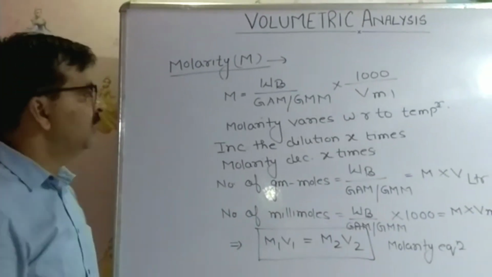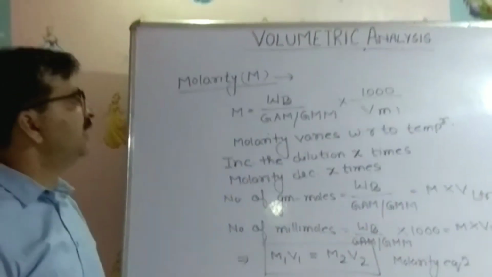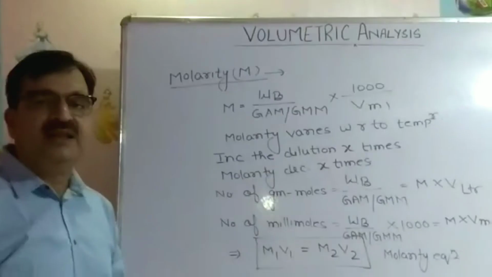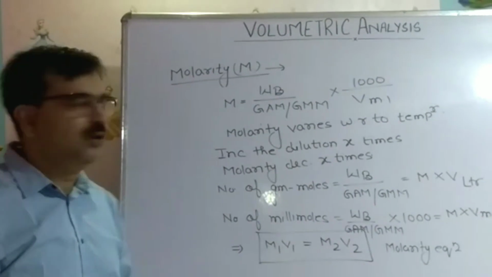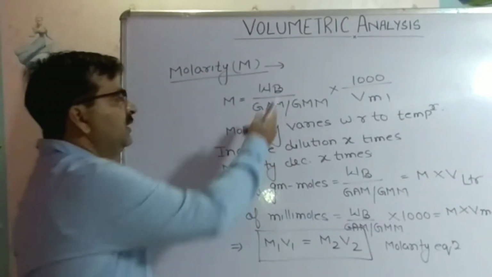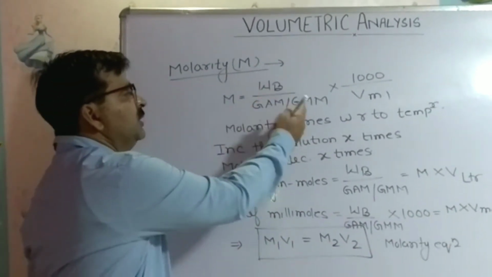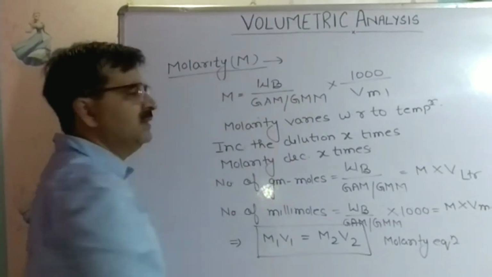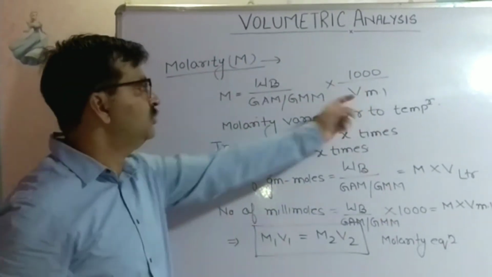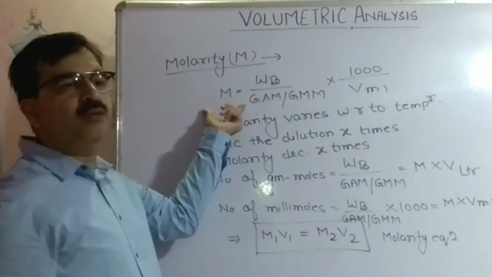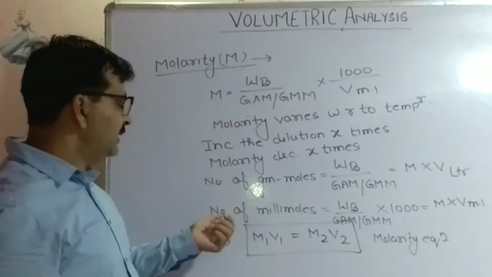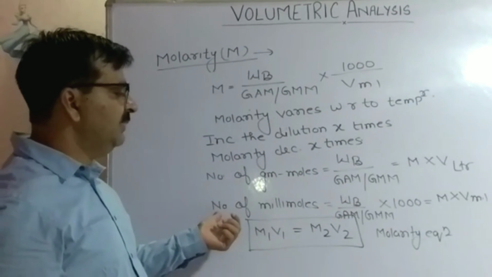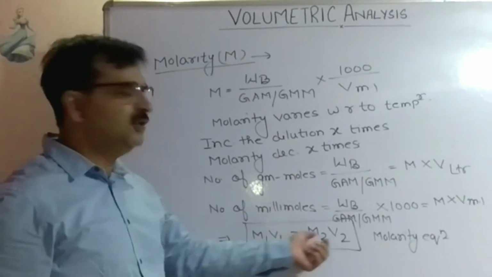Now student, here we have this term, that is molarity. With the help of this, we can calculate the molarity of a solution by knowing the mass of solute, corresponding gram molar mass and volume of solution. We can easily calculate the molarity of solution, and in case of number of millimoles, M1V1 is equal to M2V2.